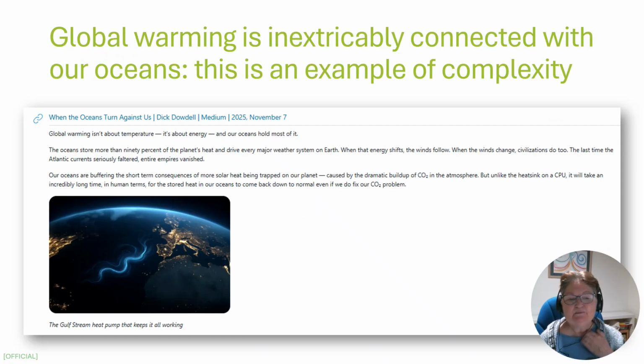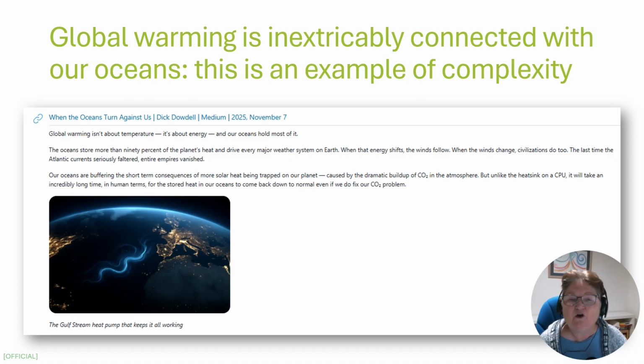Here's an example of a complex system. The oceans are absorbing a lot of the heat through acting as a buffer for global warming. And we don't know what's going to happen when the temperature of the oceans rises above a certain level in terms of a tipping point.